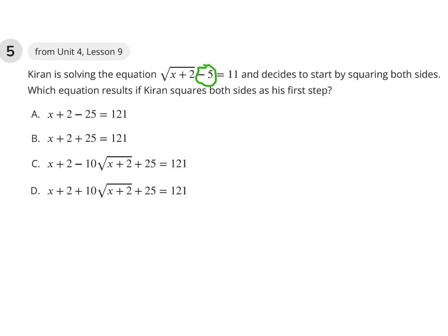So what we're going to do is apply a perfect square situation here.